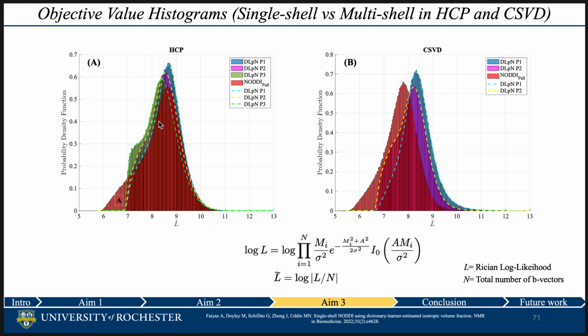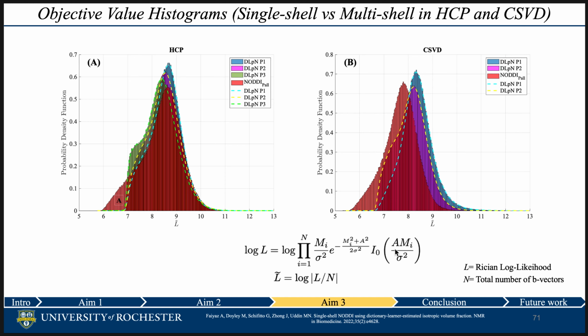And this brings us to another important slide where we are comparing the objective value histograms. These objective value histograms were based on the distribution of the likelihood values obtained from this function. Again, just a reminder, this function basically takes two things.